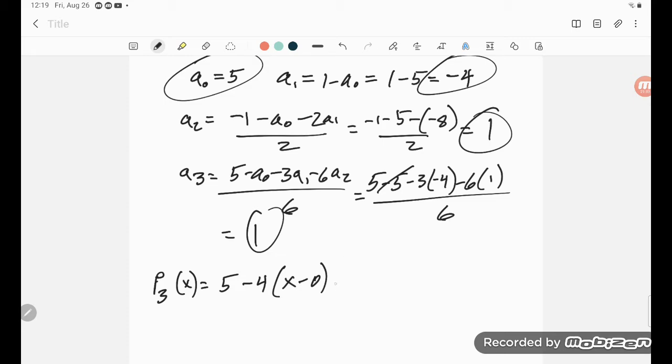Then plus 1, so I'll go ahead and write the 1, x minus x0, which is 0, and then x minus 1, because that was x1, and then finally plus the 1 times, and I'll just write it as x to save a little room, x minus 1, x minus 2. Oh. Well, that was kind of ugly.